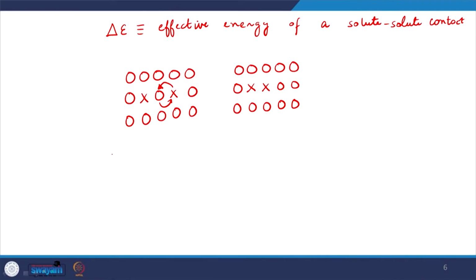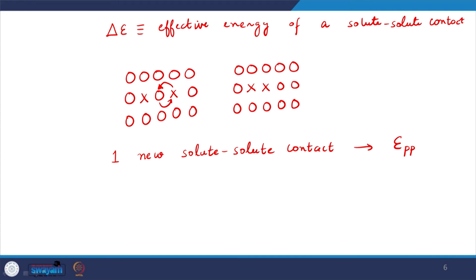So, we clearly formed one new solute contact, and since that has an energy of epsilon PP, we get that energy there.